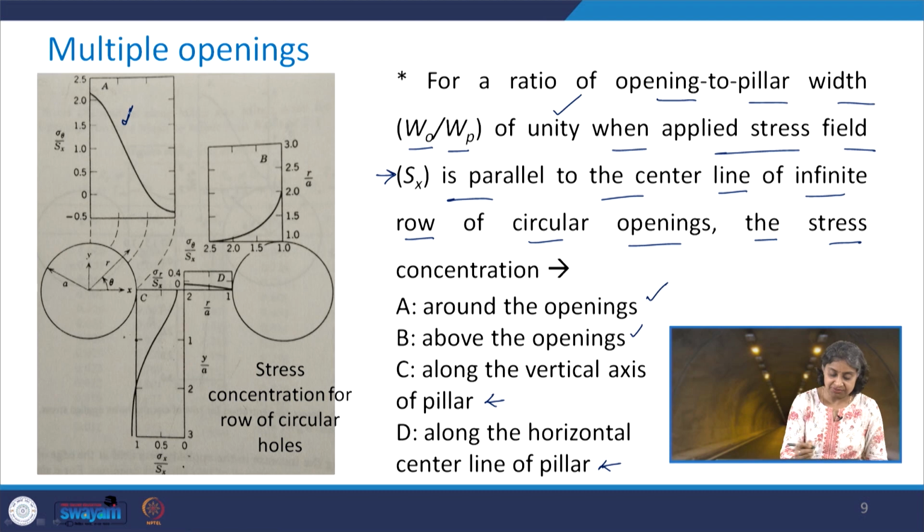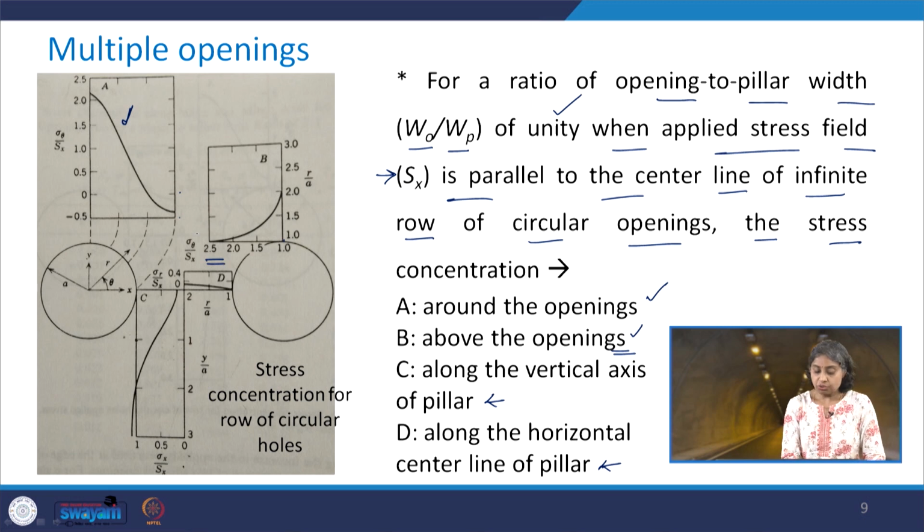It is this figure, and see how it is changing. Like at theta equal to 0, it is somewhere between 0 and minus 0.5, and at theta equal to 90, it is somewhat greater than 2. When you have this stress concentration curve B, which is above the opening, there you see that it is just above the opening, and what you have is sigma theta upon Sx.